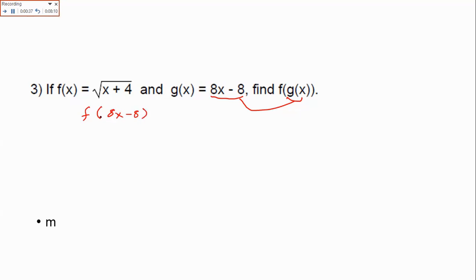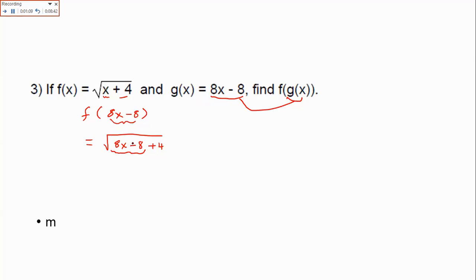And then we want f of whatever. F of whatever is the square root of whatever plus 4, right? So this gives us the square root of the same thing, 8x minus 8, and then we add to it 4, because this is what is inside as the parameter for f of x.